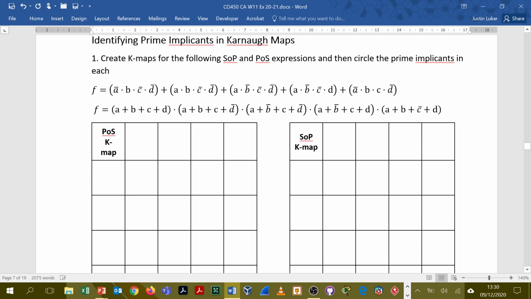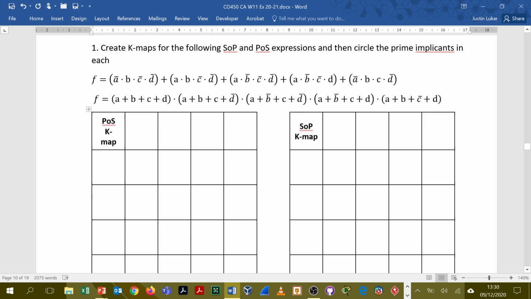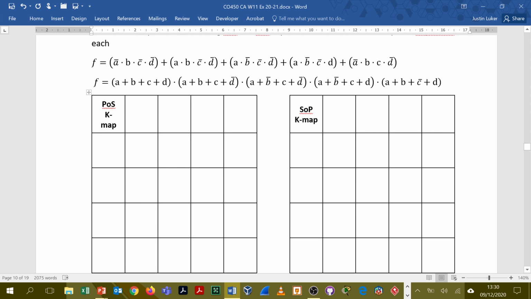So, identifying prime implicant groups. Here we've got K-maps for SOP and POS expressions. We have to put them into our K-maps, and then circle the prime implicants in each. I've left these blank for you to fill in and get some practice setting them up and building the K-maps.